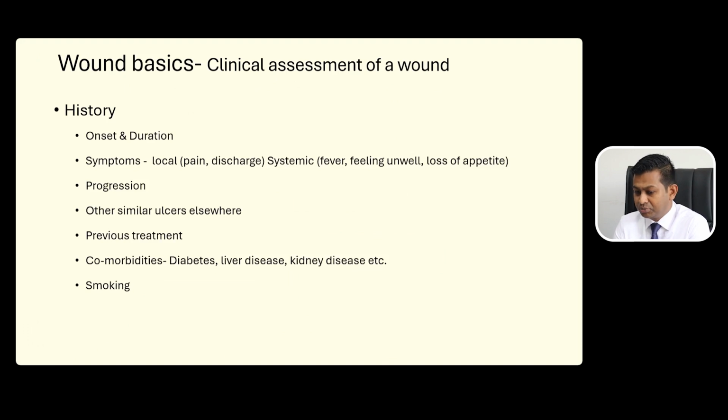So it's quite important to detect those patients as well, because most of these chronic ulcers present in this elderly population. Then the progression, how it has progressed, whether there are any other similar ulcers, what was done to the patient previously, any other comorbidities we can address, or whether they are having any effect on the wounds, and the smoking, most importantly.